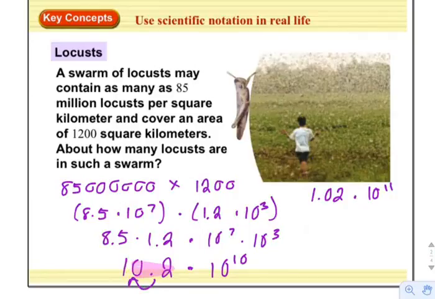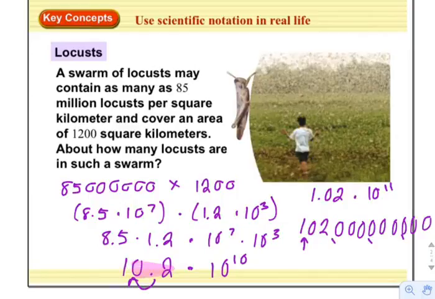So my solution is 1.02 times 10 to the 11th power, or 1.02, and since this was where my decimal point was, that's where I'm going to start counting digits. 0 is the first digit, 2 is the second digit, and now I need the remaining zeros to get me to 11 digits. So 3, 4, 5, 6, 7, 8, 9, 10, 11, and I can go back and add in my digit markers.